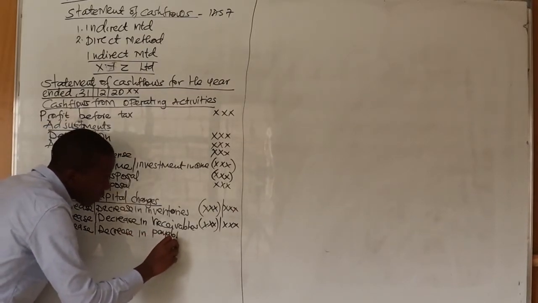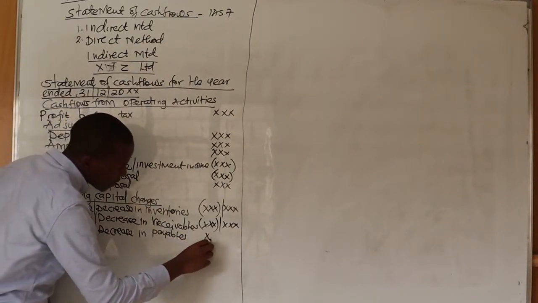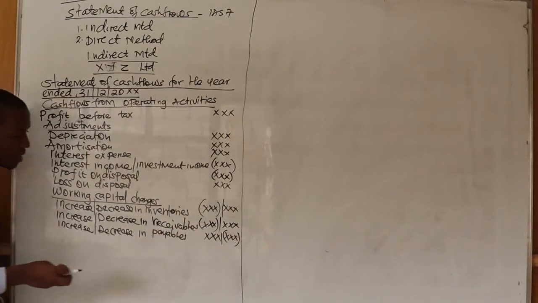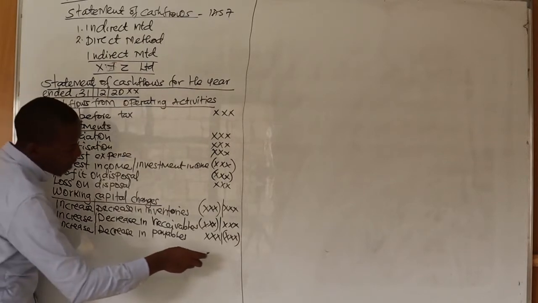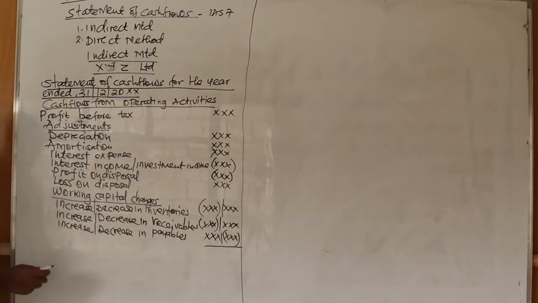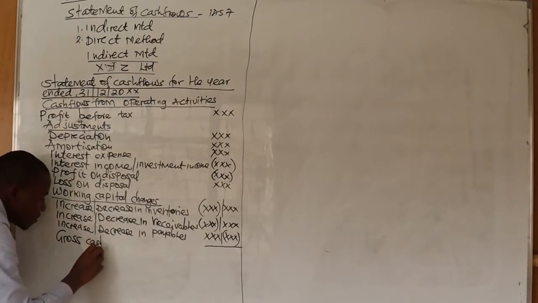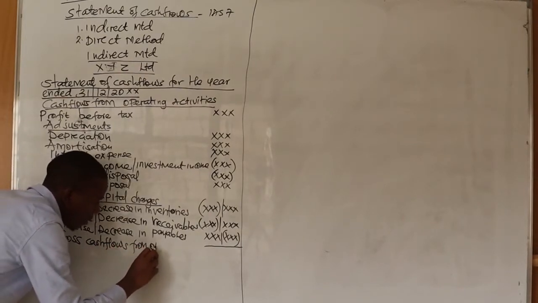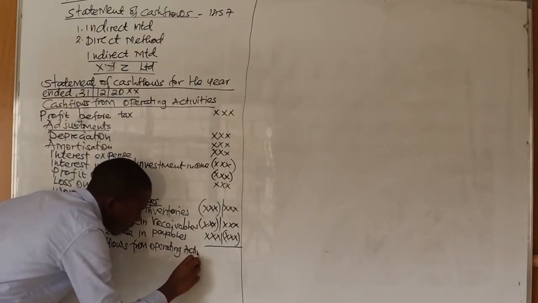If it's an increase, you add. A decrease, you'll be able to do what? You less. An increase, you add, because this is a liability, which is the vice versa of what we've done on the current assets. So after that, what you get here is the gross cash flows from operating activities.